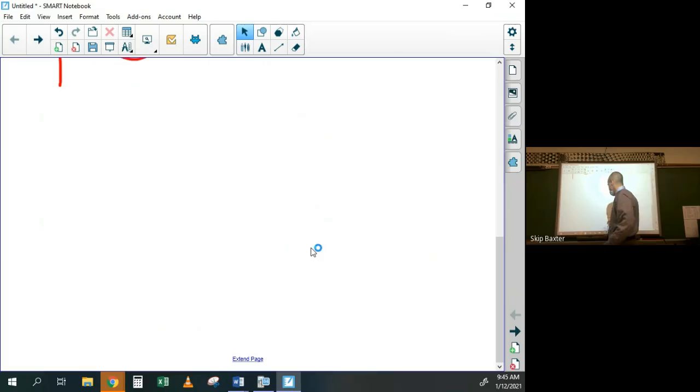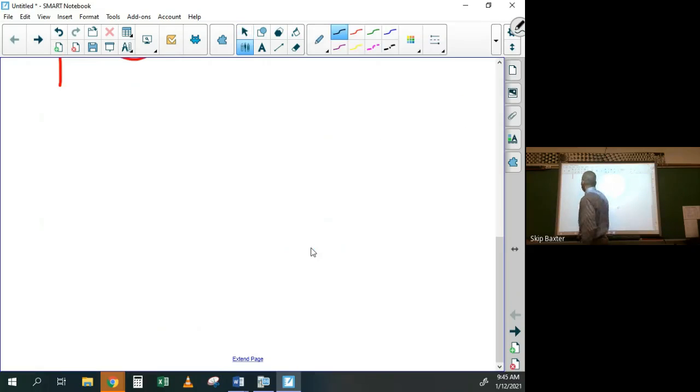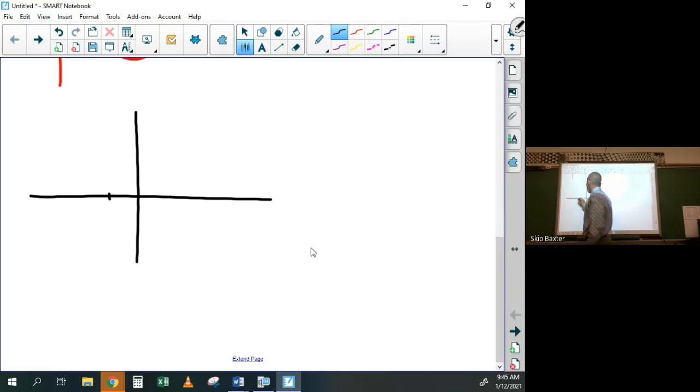All right, plan B, just a sketch. So suppose I have a simple piecewise linear function. Suppose this piecewise linear function looks like this.